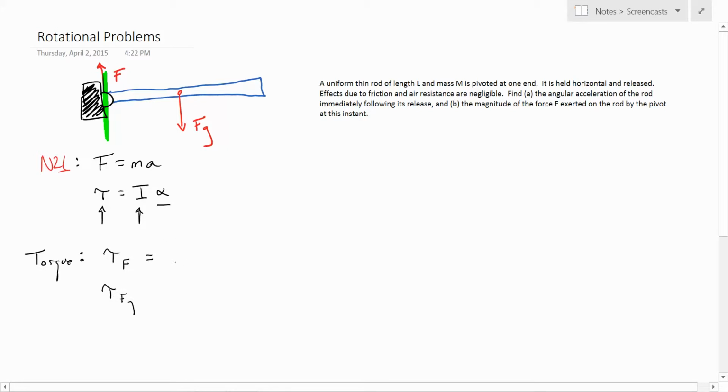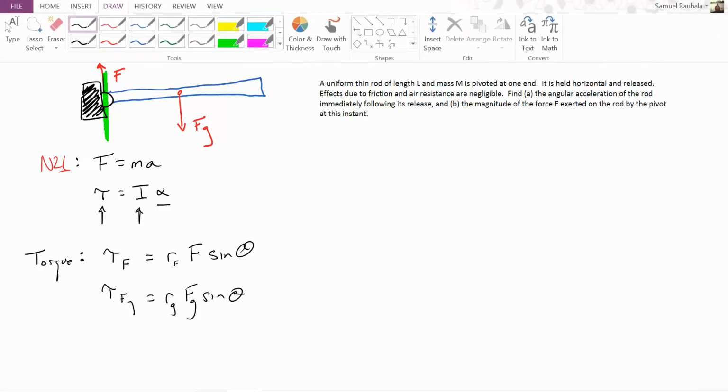Now if I look at this, it's R times F times sine theta. Same deal here. Say R_F and R_G, where those are the distances to where those forces are being applied.